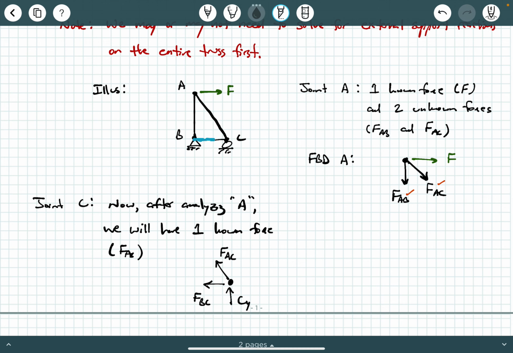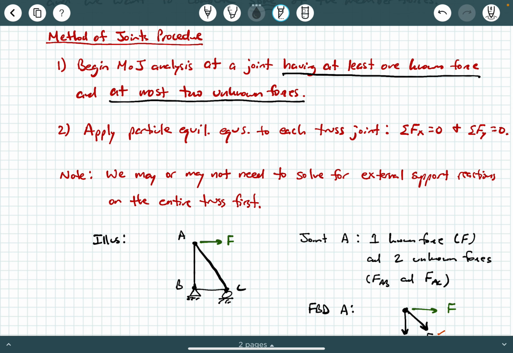So that's why we always have to remember number one here: always identify the joint where you have something you know and at most two things you don't know. Start there and then move to the next joint over that still satisfies that number one, okay?